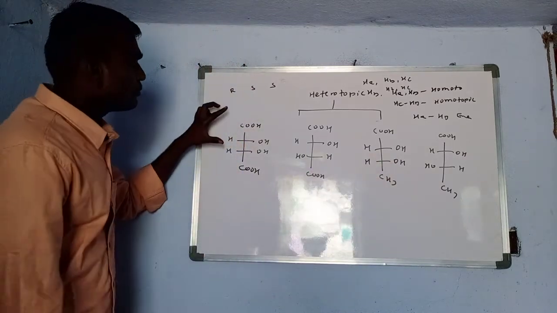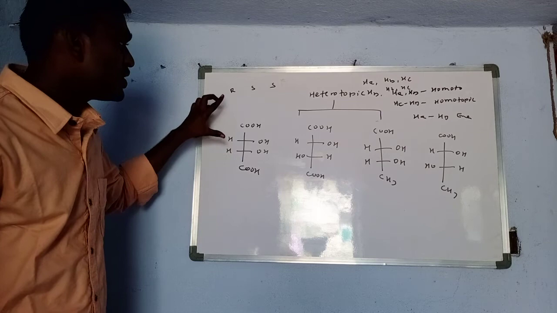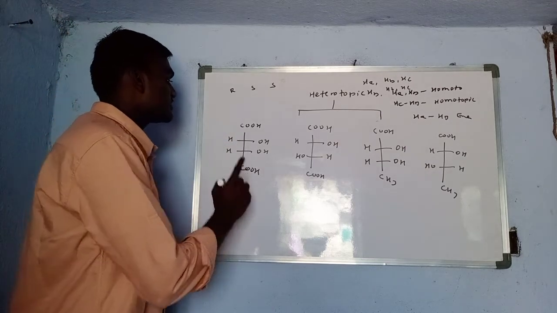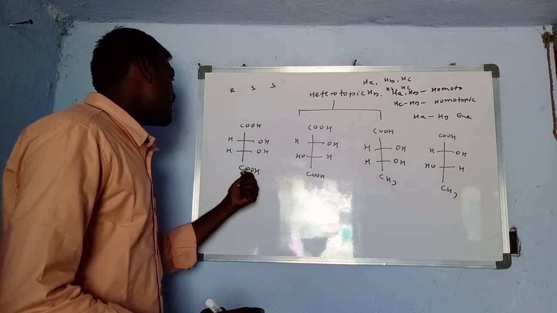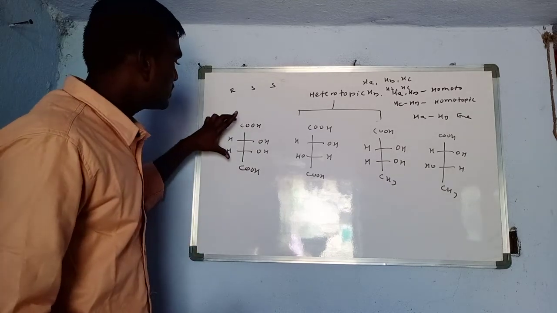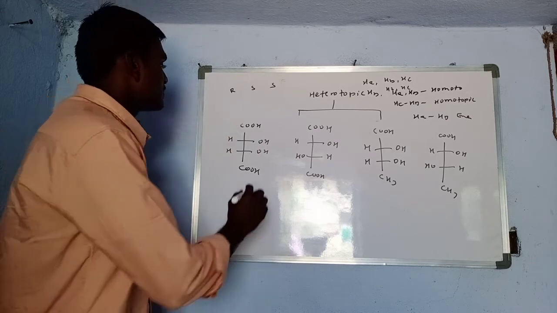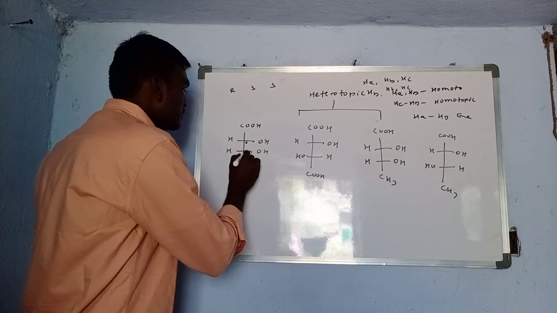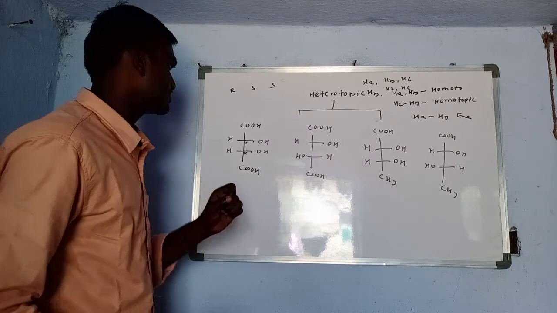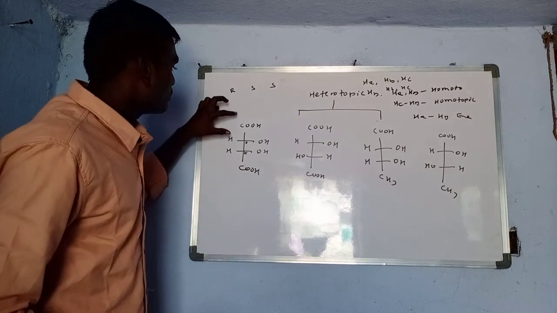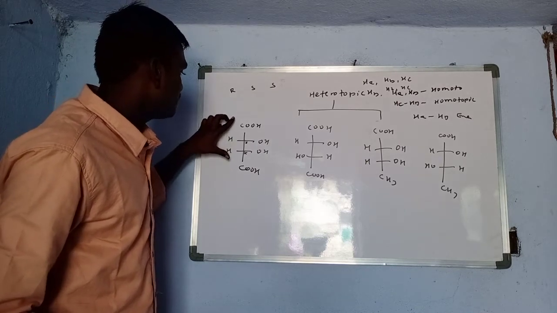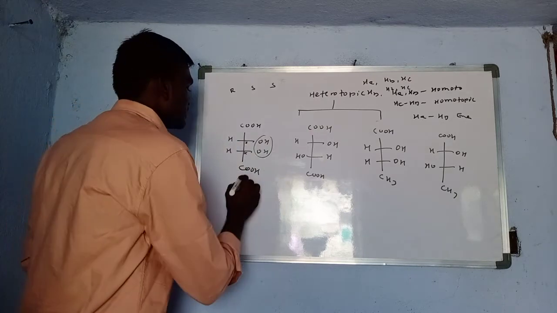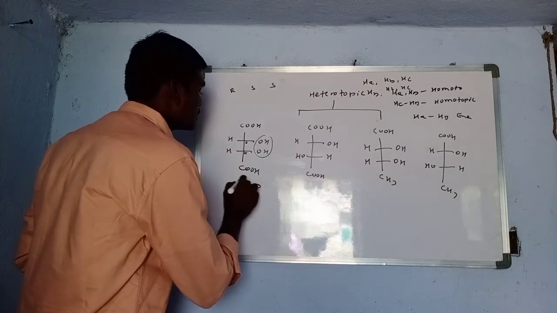If in the Fischer projection formula more than one chiral center is present, and the top and bottom groups are same, and at the chiral centers both groups are on the same side, then this molecule is known as a meso compound.